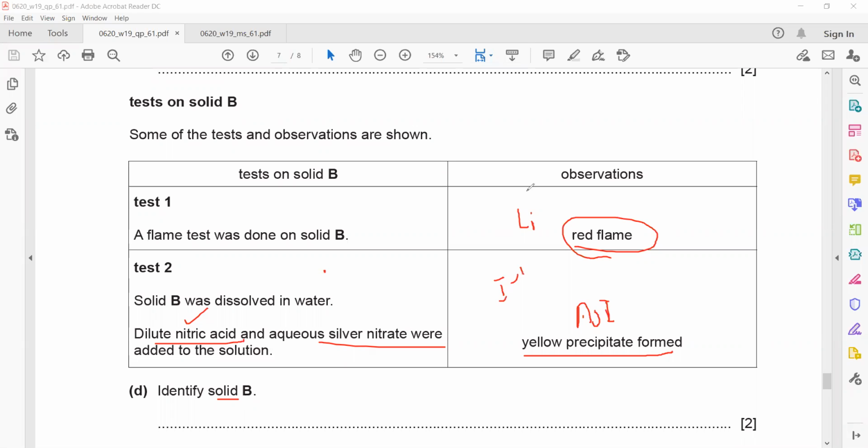Identify solid B. We identify from the flame test it is lithium, and from silver nitrate that it is iodide. So the compound is lithium iodide.